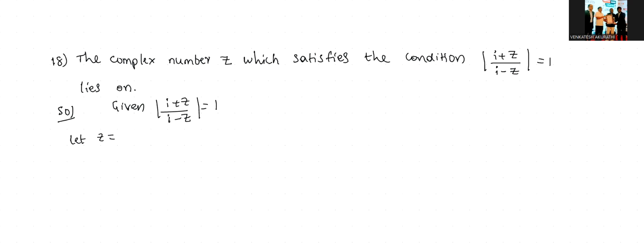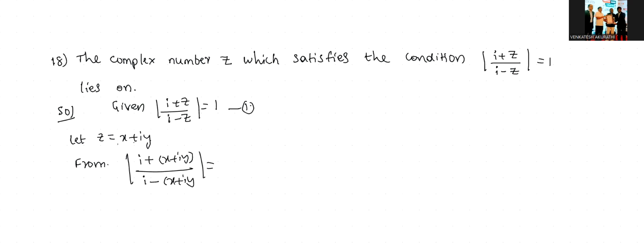Already we know the complex number. Put Z is equal to X plus I Y in the above equation 1. So I plus Z means I plus X plus IY by I minus X minus IY is equal to 1.